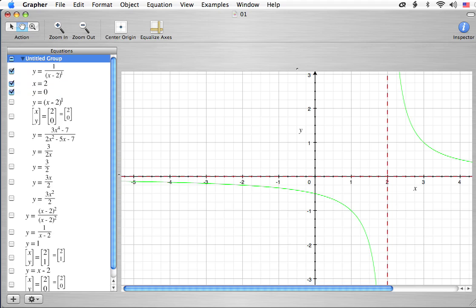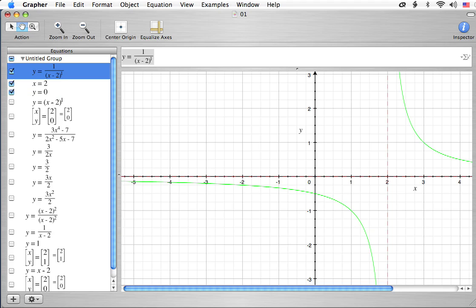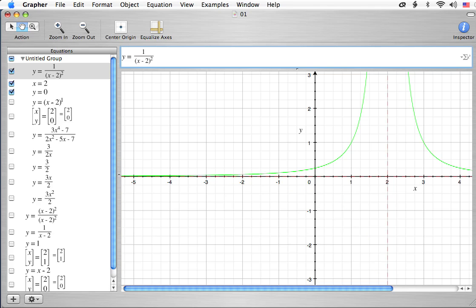Now, the x minus 2 to the first power, the power, was called the multiplicity, and the multiplicity had a specific behavior to it. For example, when it was 1, we saw this type of graph with the green curves. When I made the exponent 2, both branches of the curve would go up in the same direction.